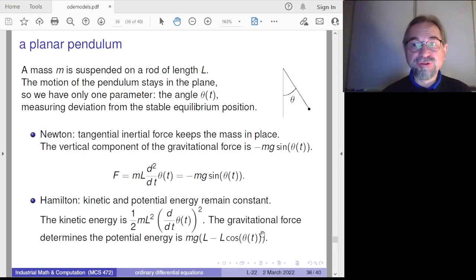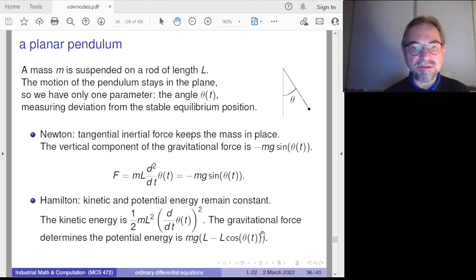So we have a pendulum swinging, there's a mass and there is a length of a rod. And we want to know what is the angle of the deviation. So how do we model this? How do we get to the differential equation? Well, we can apply Newton's rule. So we have the inertial force that keeps the mass in place.